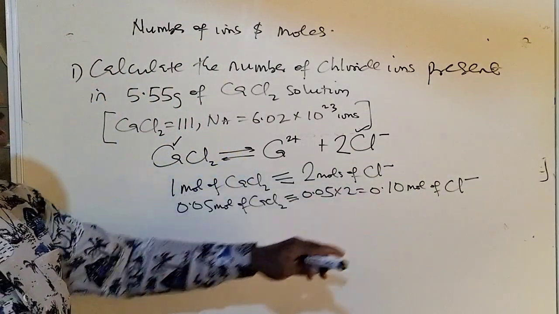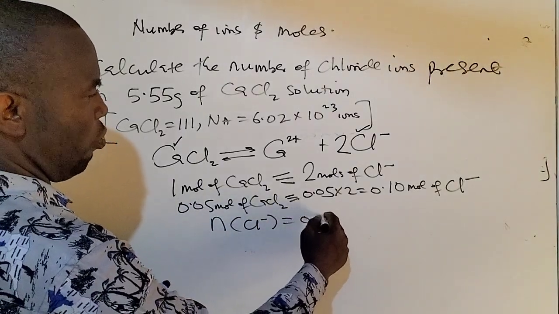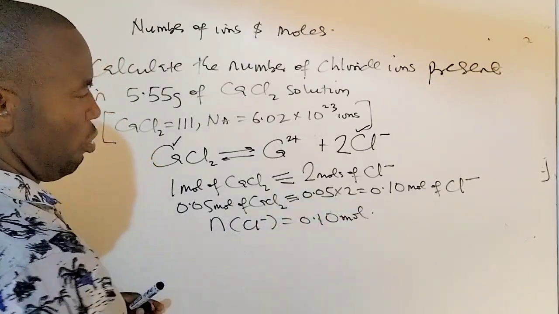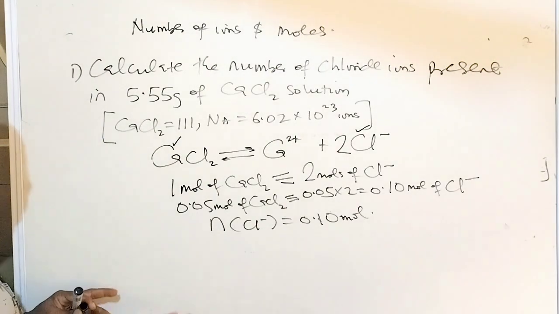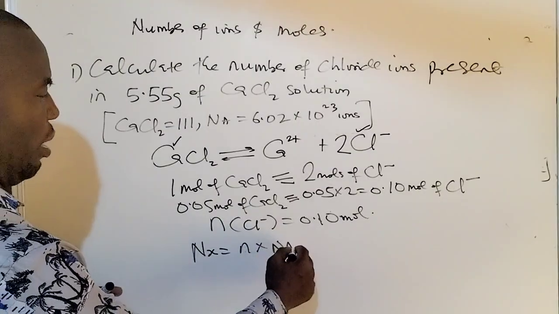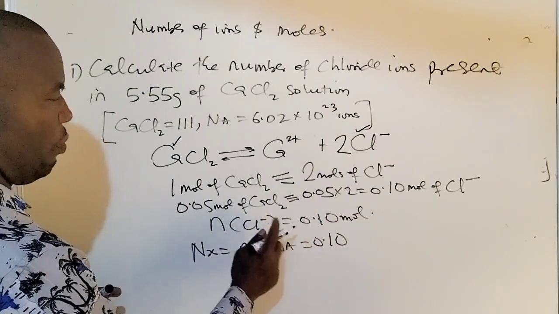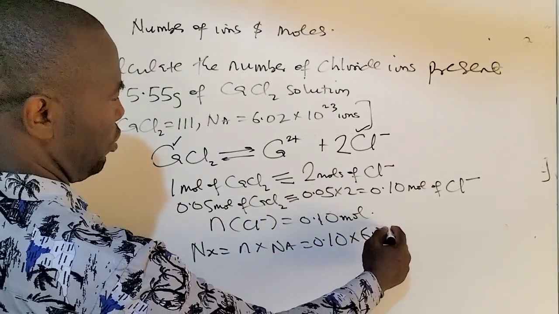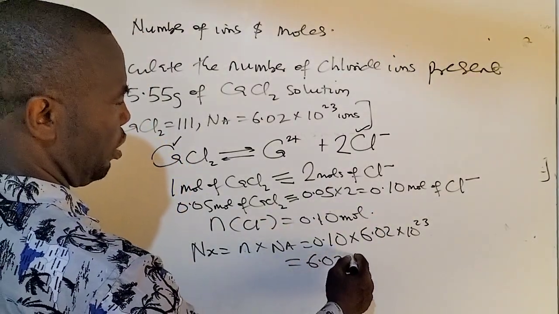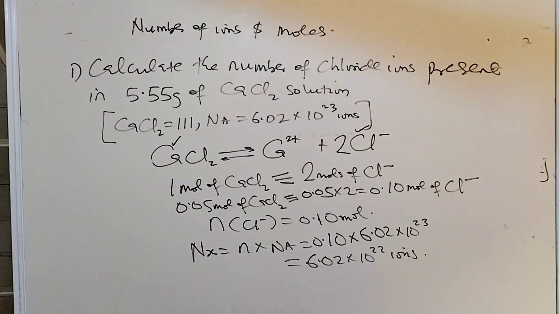So having obtained this, we can now find the number of ions. Number of ions by this formula is mole times Avogadro's constant. We now apply 0.1 mole, which is the number of moles of chloride ion, times the Avogadro's constant, 6.02 times 10 power 23. And that gives us 6.02 times 10 power 22 chloride ions as our final answer.